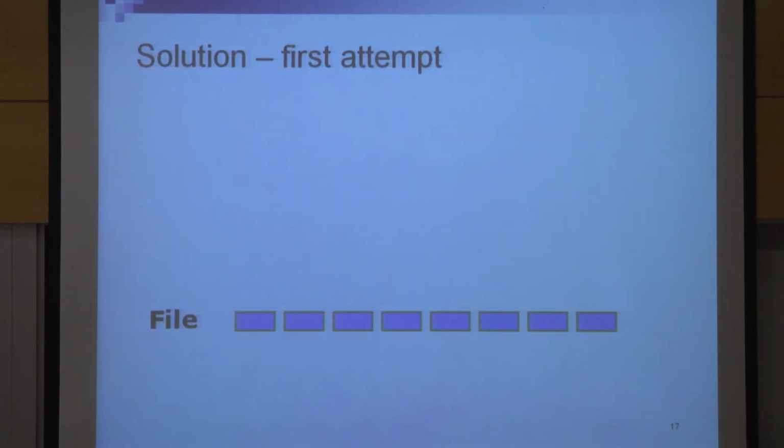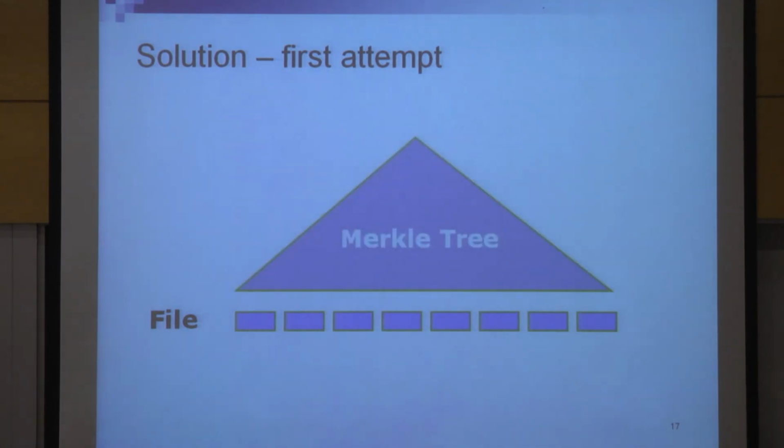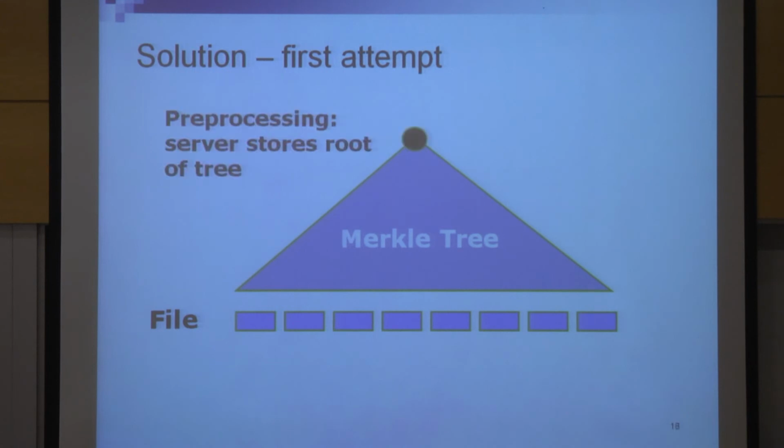So first solution. The first attempt goes as follows. Here is the file. The pre-processing will do the following: compute a Merkle tree on this file, and the information stored by the server is just the root of the Merkle tree. For those unfamiliar with Merkle trees, it's a construction that allows to verify that someone's file is actually what it's said to be.